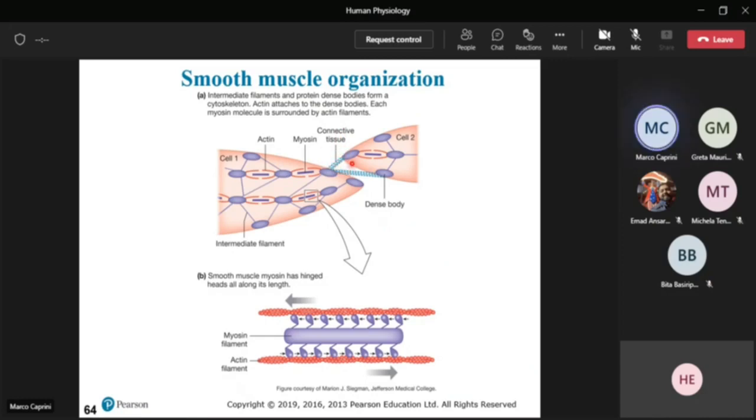That is not the gap junction, the connective tissue. They are just proteins that connect one smooth muscle cell to the other. So when one muscle cell contracts, the other one is stretched and goes under contraction at the same time.